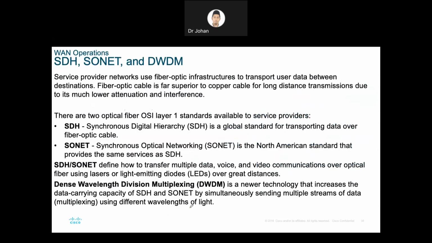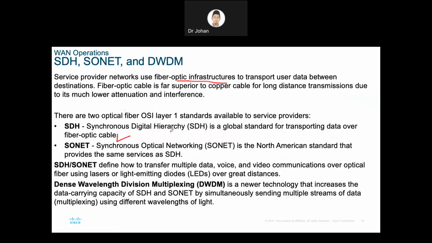Service provider networks use a fiber optic infrastructure to transport user data between destinations. Fiber optic cable is far superior to copper cable for long-distance transmission due to its much lower attenuation and interference. There are two optical fiber layer 1 standards available to service providers. SDH, or synchronous digital hierarchy, is a global standard for transporting data over fiber optic cable.